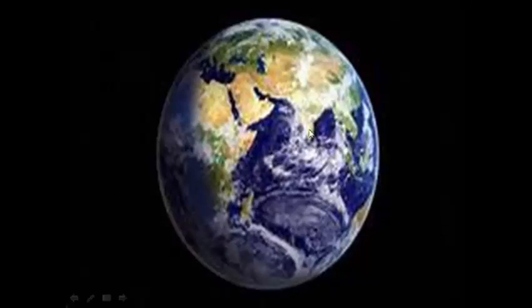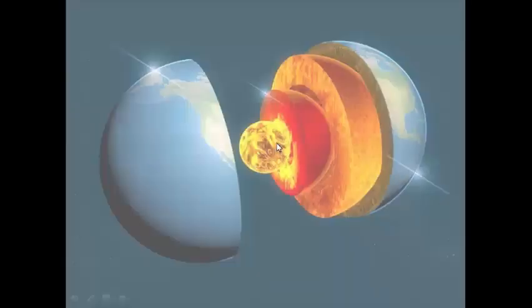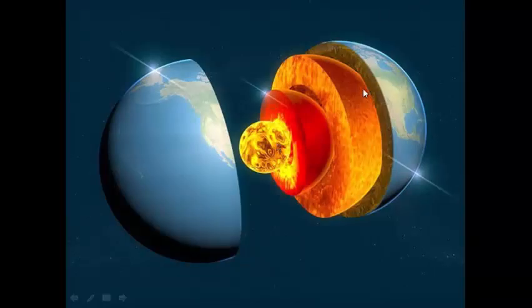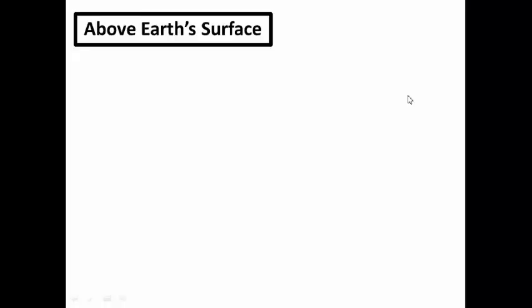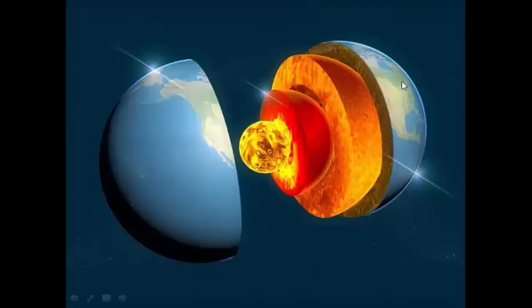Here is the surface of the Earth, or the Earth's surface. Inside the Earth we have many layers, and when the volcano erupts, it starts from below the surface of the Earth, and after that the lava moves from down to up, to the surface. So here we'll talk about above the Earth's surface and below the Earth's surface.